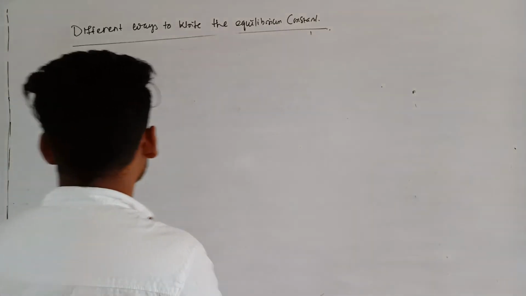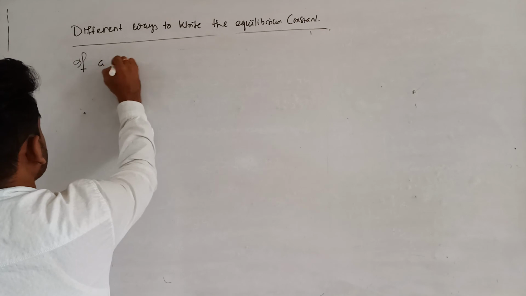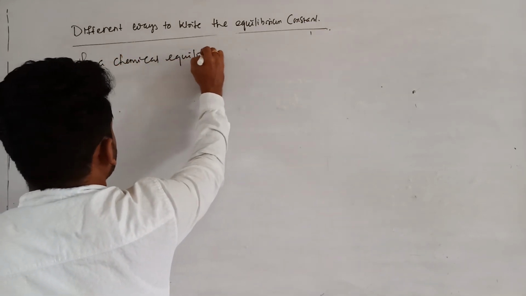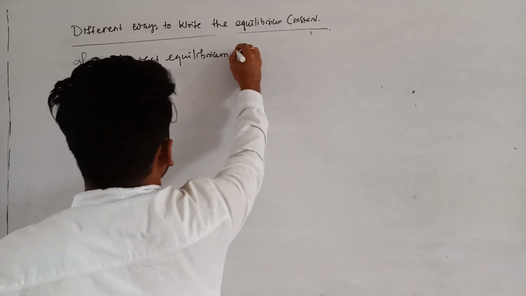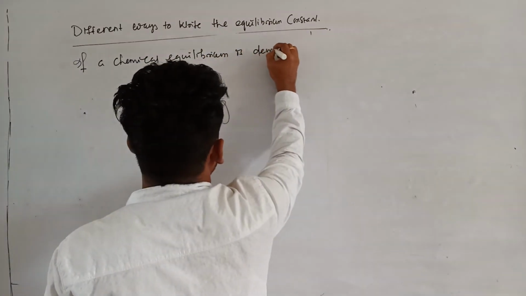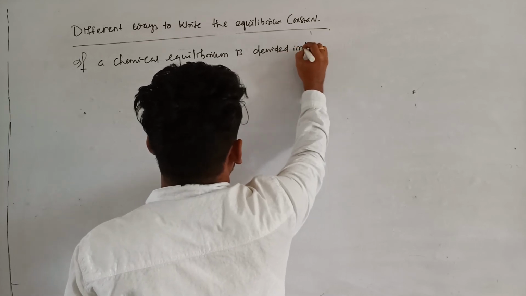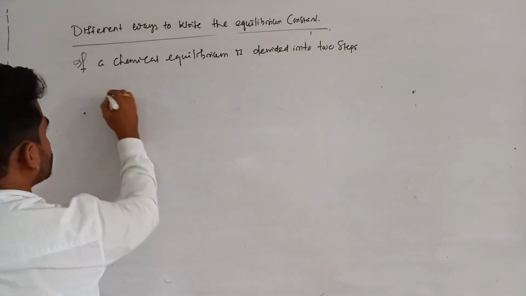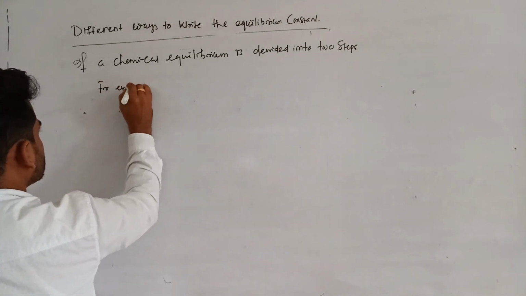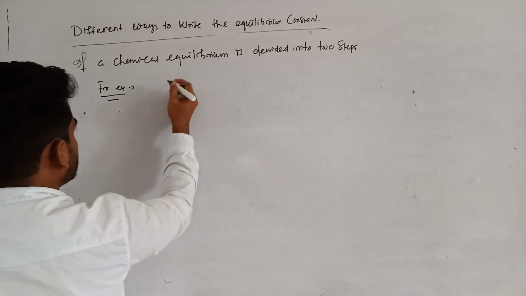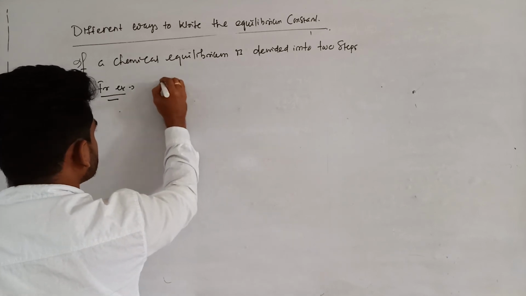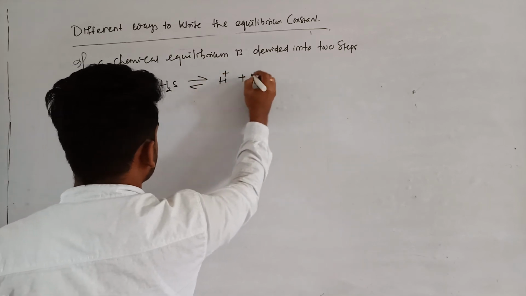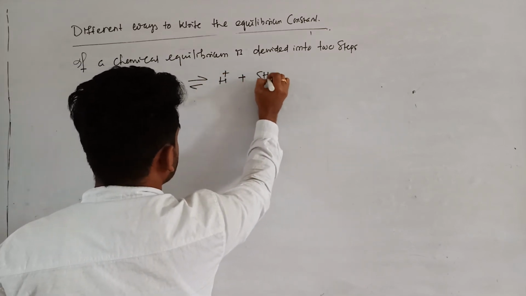If a chemical equilibrium is divided into two steps, for example, let's say H2S is first converted into H plus plus SH minus.